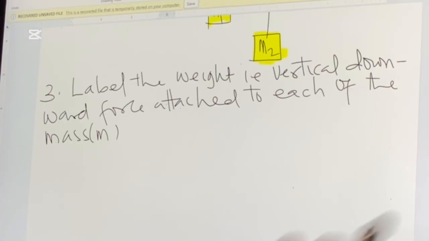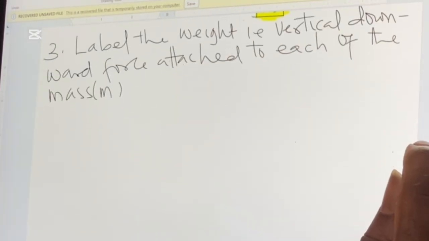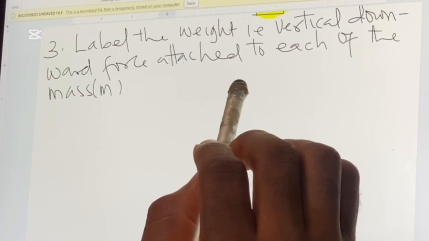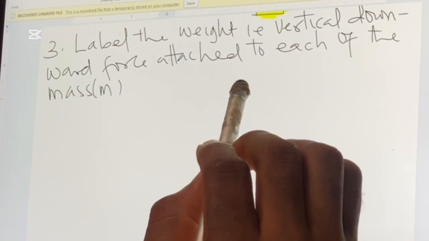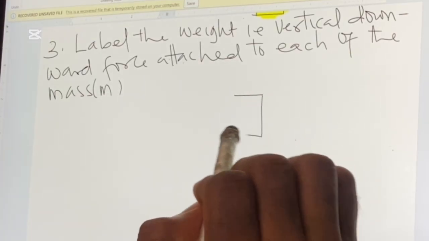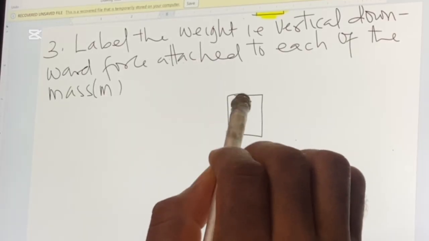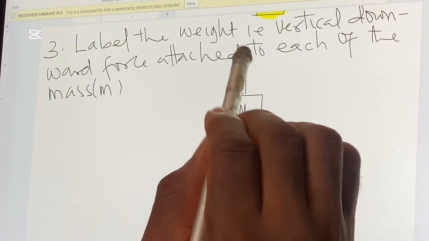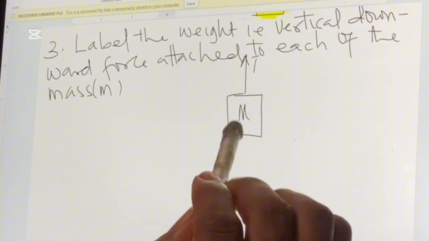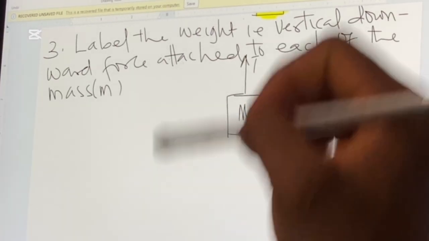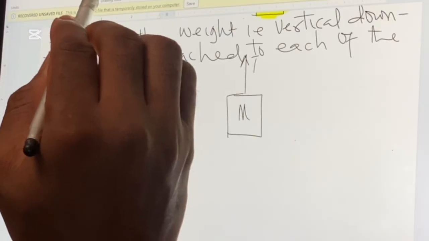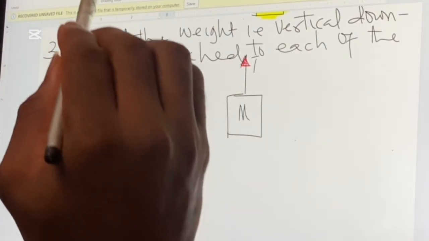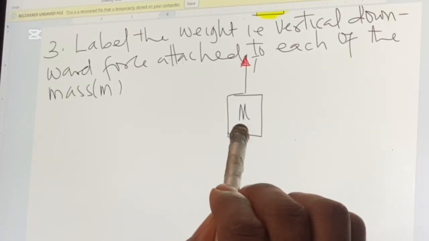So if I have something like this, class, a mass like this. And we know that if this is a rope here, the upward force here is tension. So remember, action and reaction are equal and opposite. So if a force is acting up here, it means that a force will also act opposite to it, that is downward here.